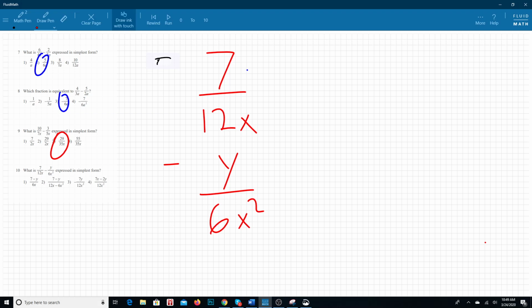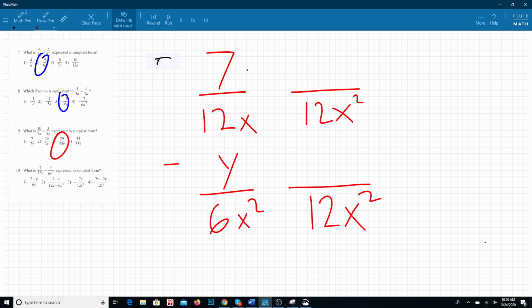So now for the lowest common denominator, it has to have the highest exponent, in this case right here, because both terms have to be able to go into it. So the lowest common denominator in this case is going to have to be 12x squared, because the 6x squared has to be able to go into it. If I was just going to leave it as 12x, 6x squared would not be able to go into 12x.